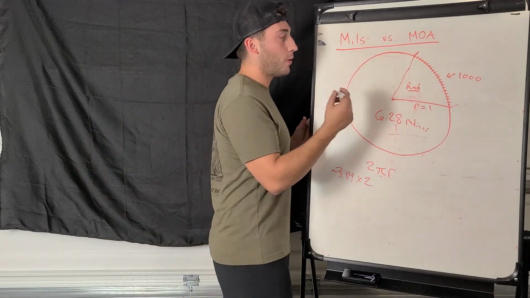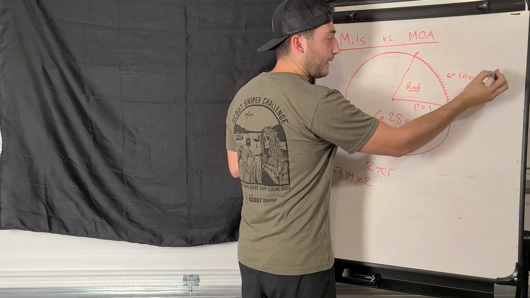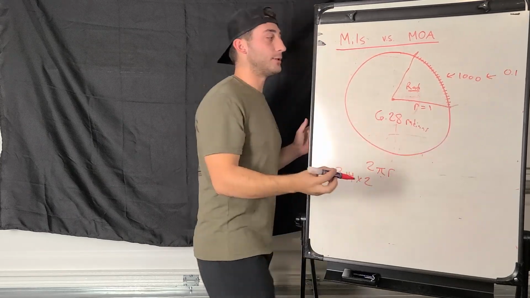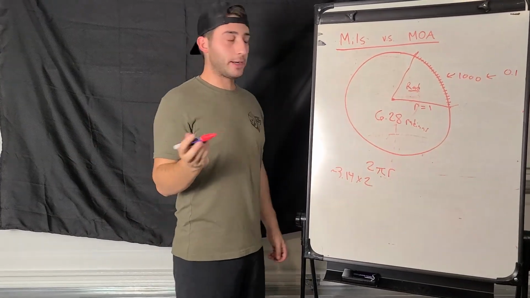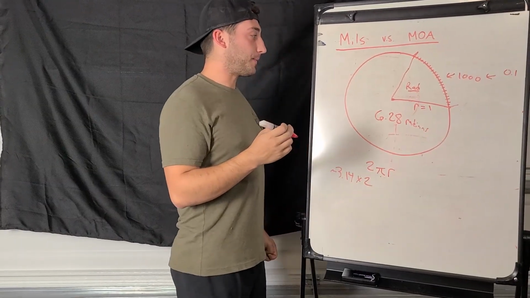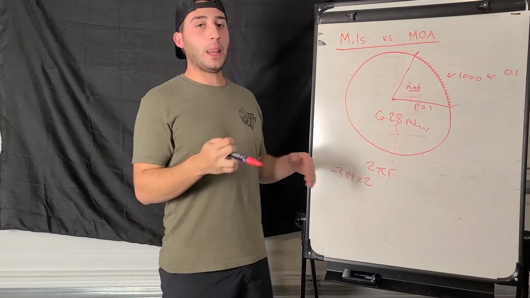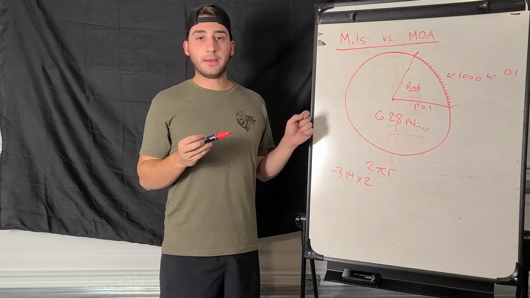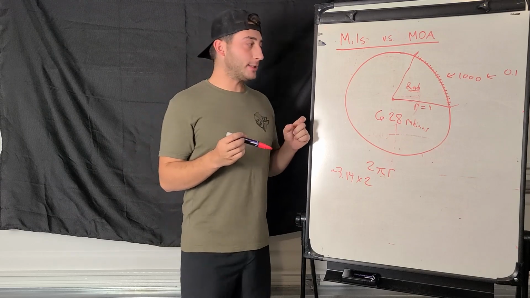All right, and then what we do is we further break those down into tenths of a milliradian. So the reason why this makes, to me, a lot more sense is it's actually rooted in something that is based off of mathematical and scientific fact.